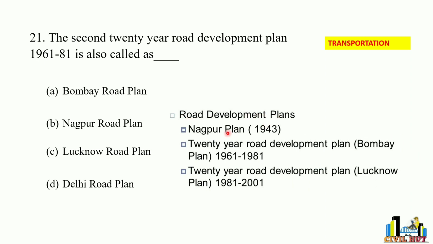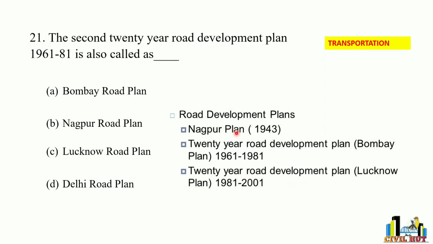The first road plan is the Nagpur Road Plan 1943 to 63, but it was completed in 1961. So they planned the 20-year road plan 1961 to 81, the Bombay Road Plan. Next, 1981 to 2001 is the Lucknow Road Plan.